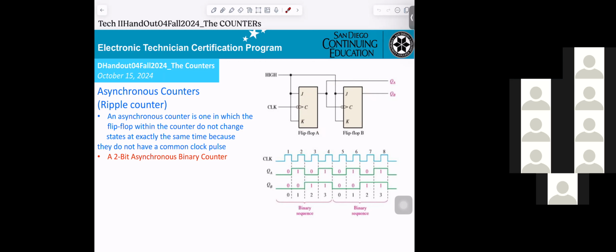Okay. So what flip-flop is this? You still hear me? Yes, I hear you. I'm thinking. Okay, if you're looking at a flip-flop here, what type?